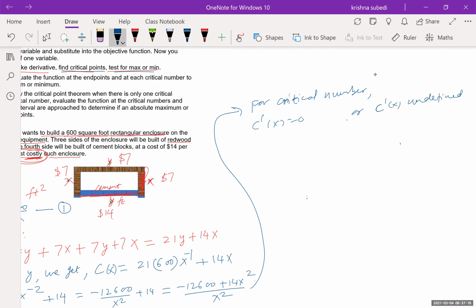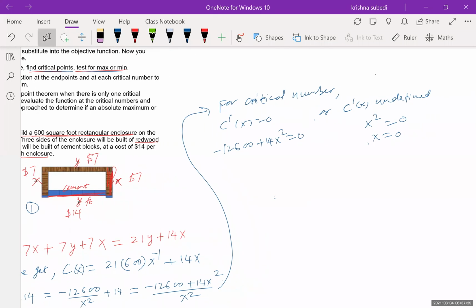Right? So 0 means negative 12,600 plus 14x squared equals 0, and on this side, the denominator x squared equals 0. This gives me x equals 0. But this is not in the domain, because if x equals 0, there is no rectangle. I mean, the rectangle doesn't exist. Okay, so not in the domain, or impossible, you can write.